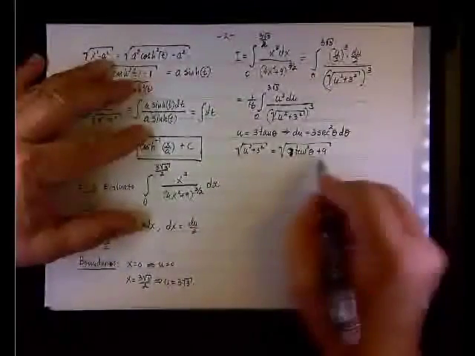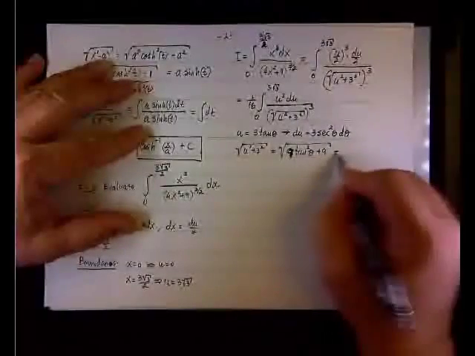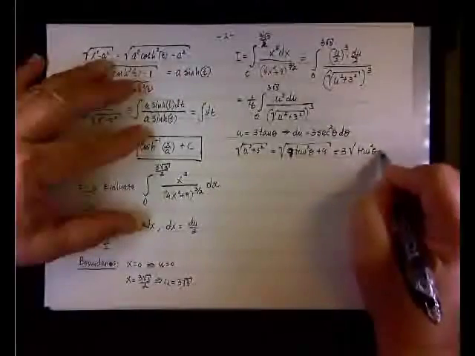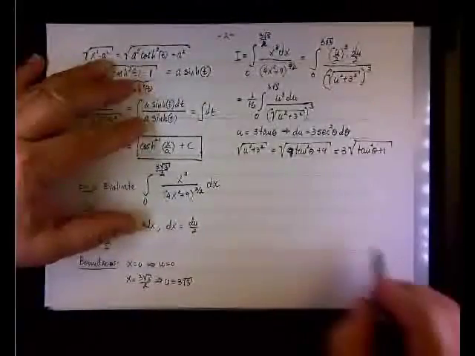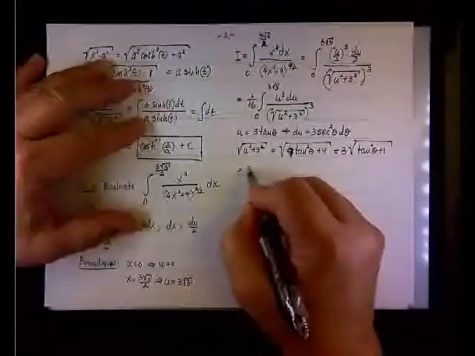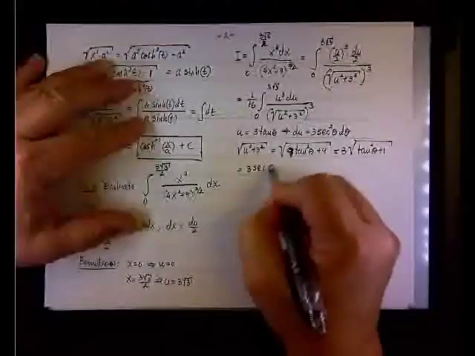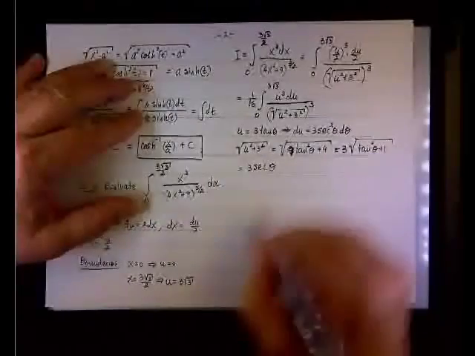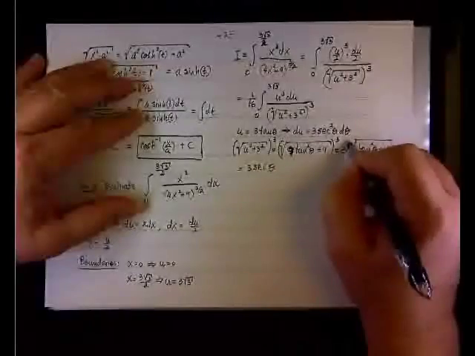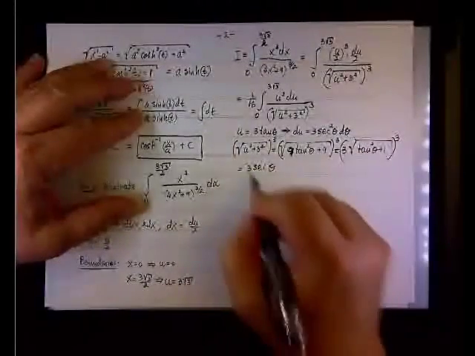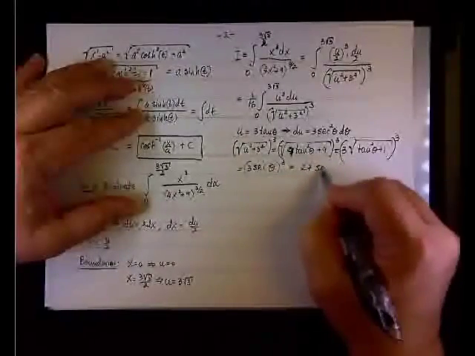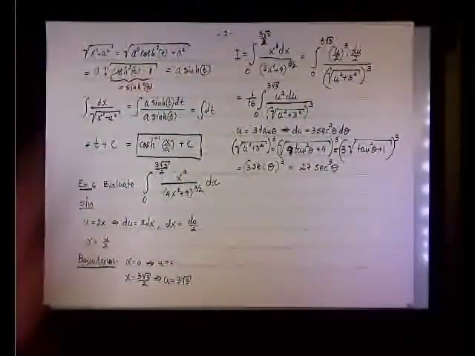Factor out the 9 and take its square root, and you have 3 outside, and here you have tangent squared plus 1. But tangent squared plus 1 equals secant squared, right? So we end up having 3 secant theta in the denominator. If you cube everything now, you'll end up having 27 secant cubed. So this is our denominator.